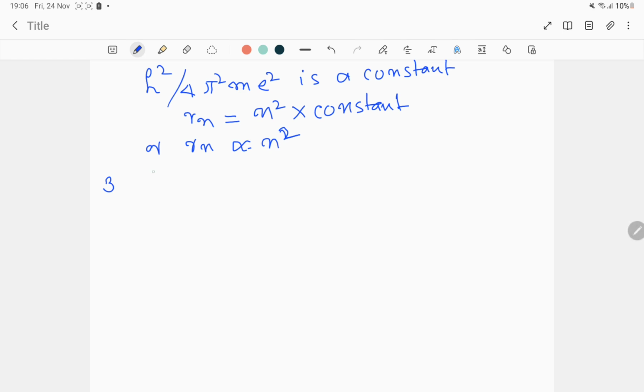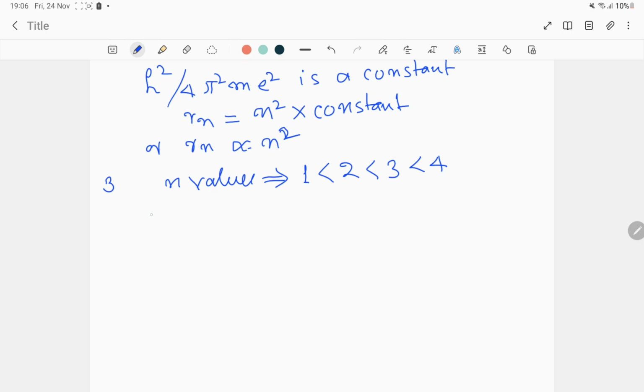Therefore, we can say n value, n is 1 is less than 2, that is in increasing order, value of n in the increasing order, that is n is increasing.